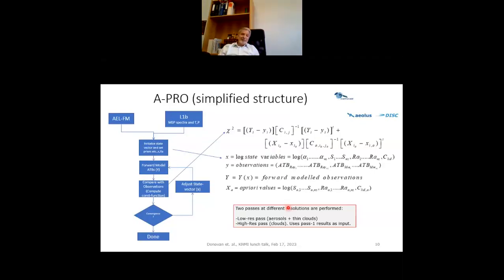So is there any case where you really get the a priori in the final product? For some retrievals, yes, especially for the particle size. A-AER doesn't retrieve any particle sizes really. They're in there to help with the multiple scattering. So the information content in aerosols is really low there.